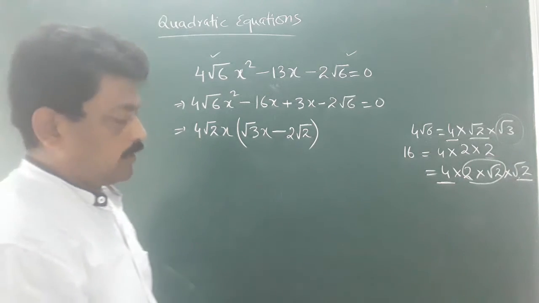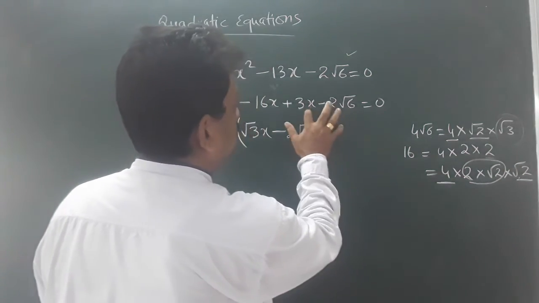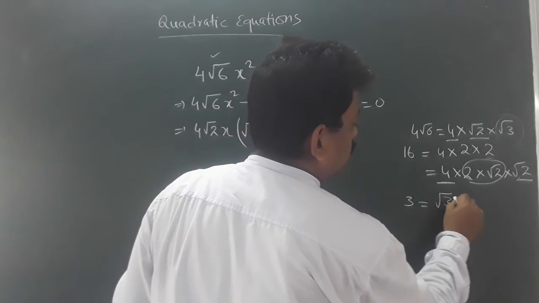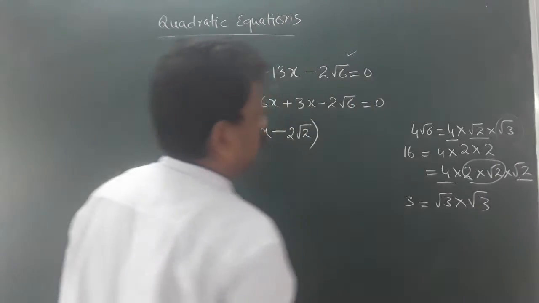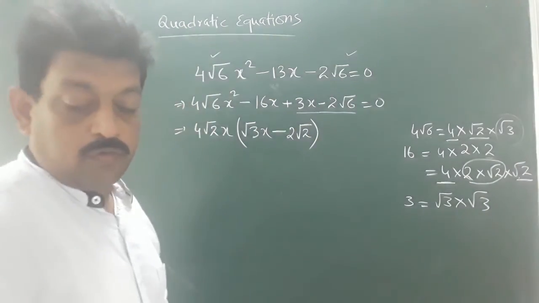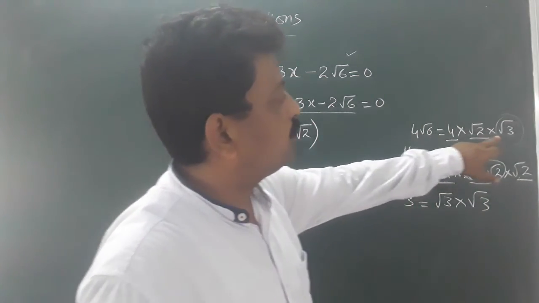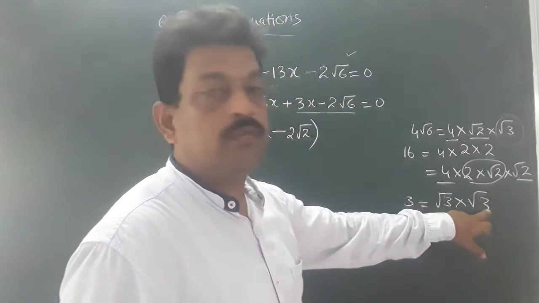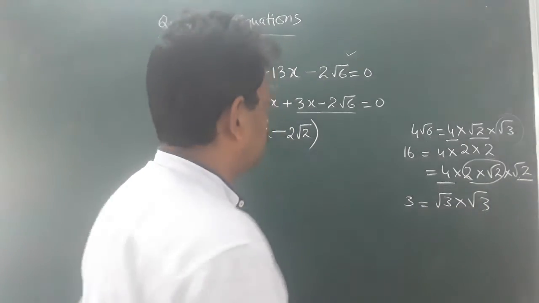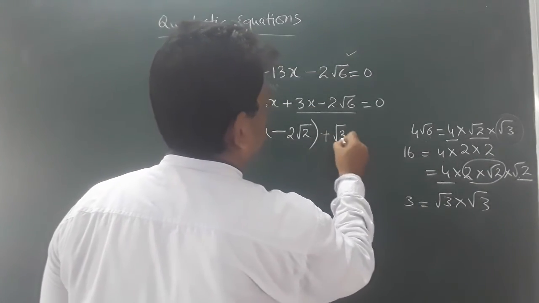Next, the second part. 3 can be resolved into root 3 multiplied with root 3. So here we have 3x minus 2 root 6. What is common between these two? See, 4 root 6 has root 3, 3 also has root 3, means we can take root 3 as common. Here plus sign is there, so plus root 3.